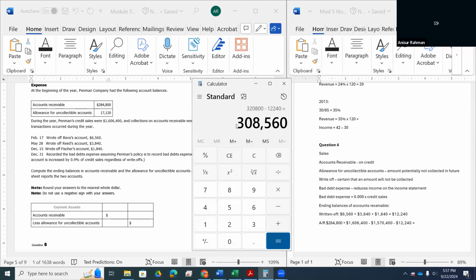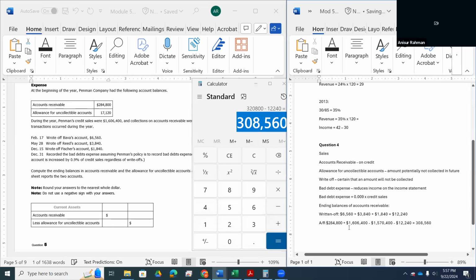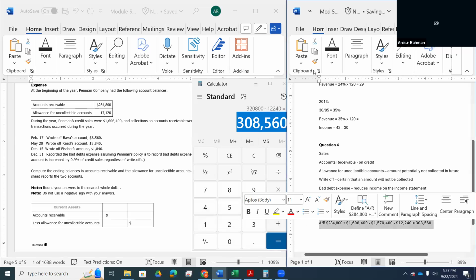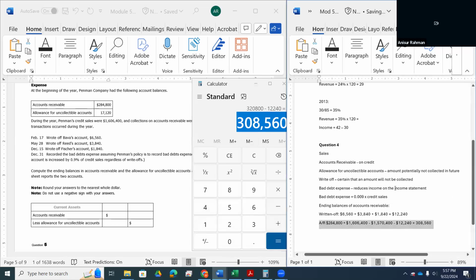So 300,560. That is our accounts receivable.